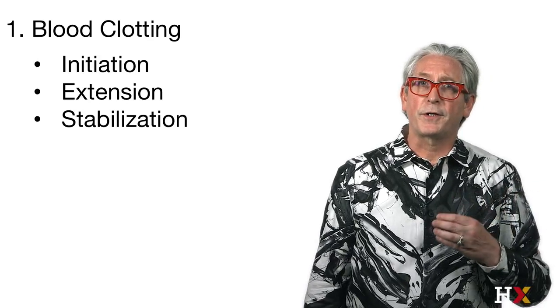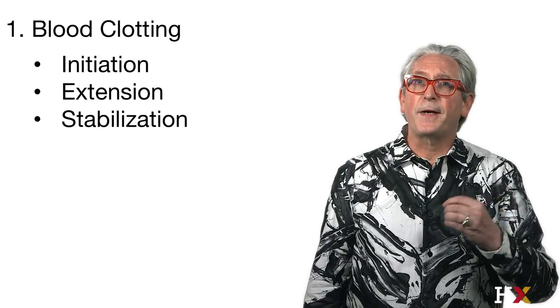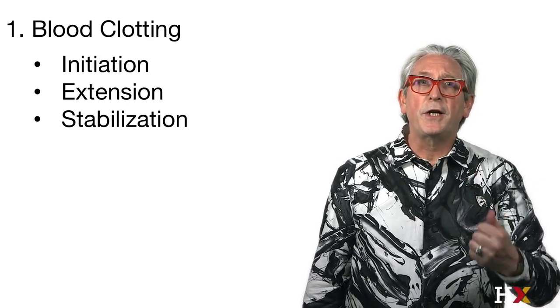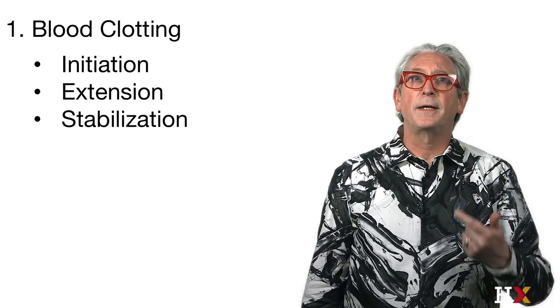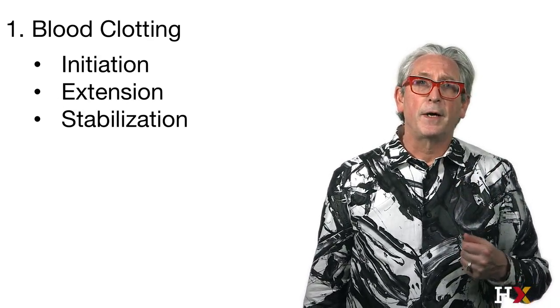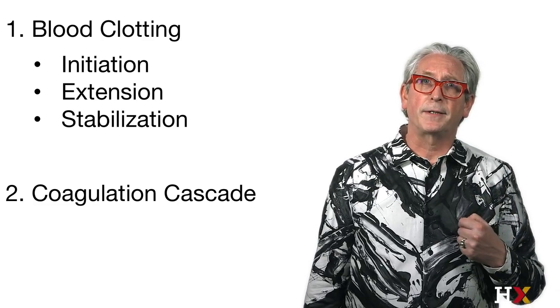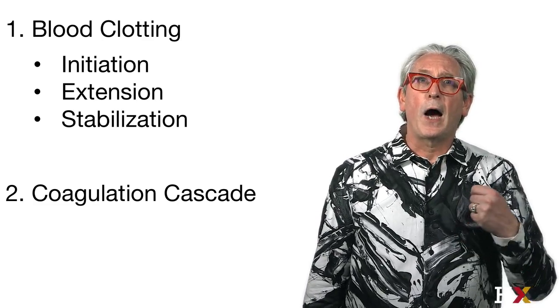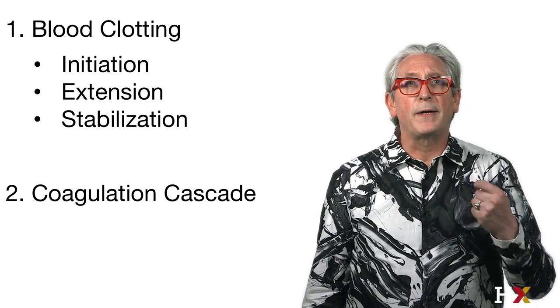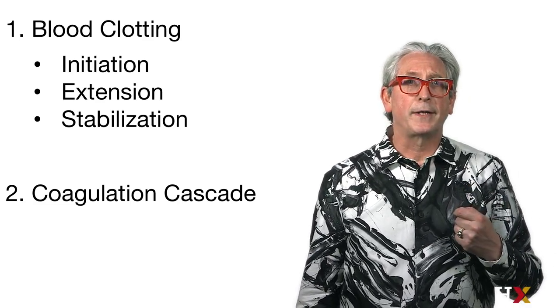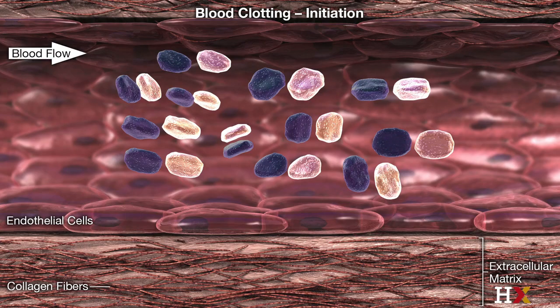To answer this question, I will discuss three phases in the process: initiation, extension, and stabilization. The second question that we need to answer is the following: how is the blood clotting function regulated by the coagulation cascade? So let's start with initiation, the first phase of blood clotting.